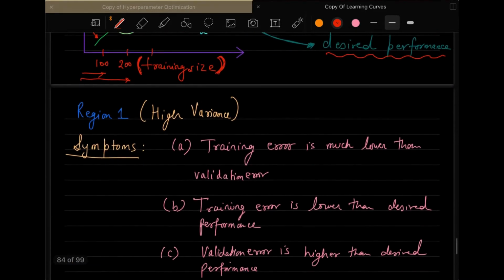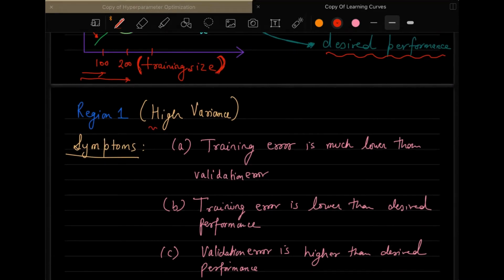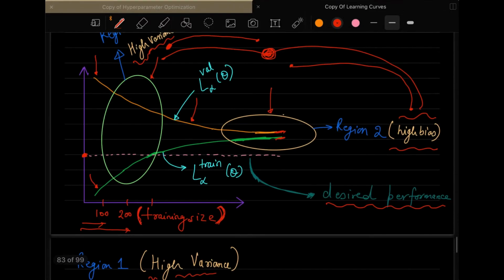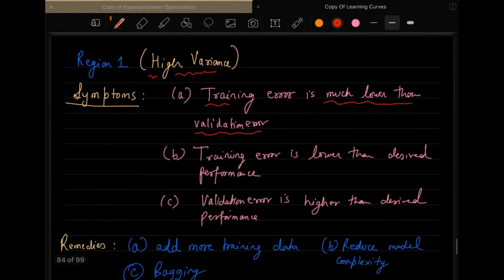So when you have high variance, what are the symptoms for that? The high variance symptoms are that your training error is much lower than the validation error. This is the first symptom, as you can see from the plot also. Secondly, the training error is lower than the desired performance that you actually want.